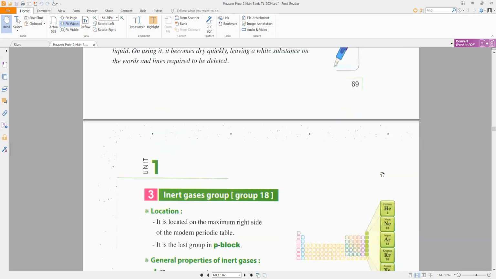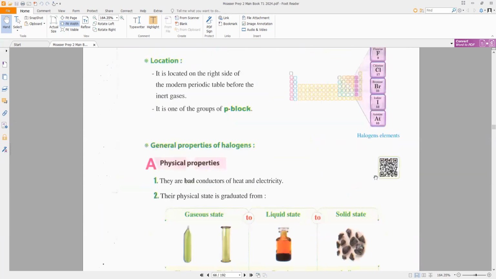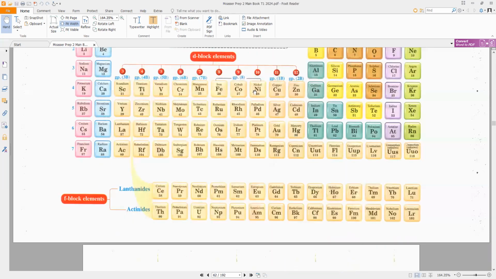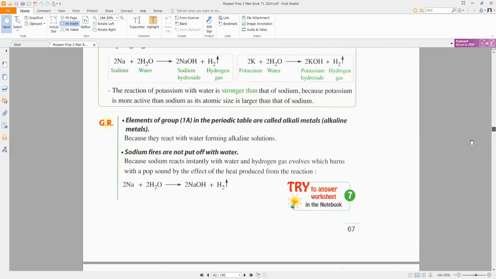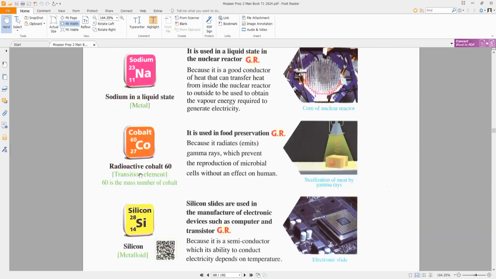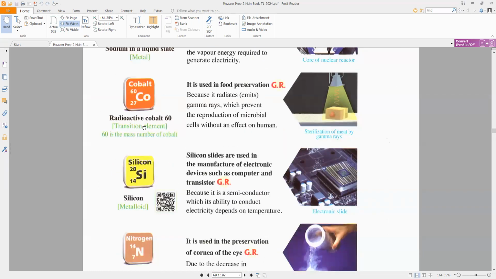The original cobalt has atomic number 27, but the derivative, cobalt 60, is called radioactive cobalt. Radioactive means another type of cobalt, like an isotope, but very, very active. We prepare it artificially.